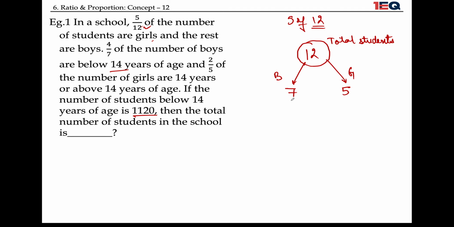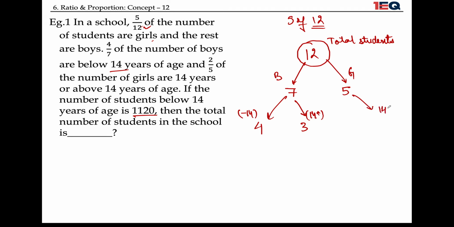4 of 7 of the boys are below 14 years. Out of 7 boys, 4 are minus 14. Minus 14 means less than 14 years of age. This also means that 3 are 14 plus or 14 years of age and above. And secondly, 2 out of the 5 girls are 14 years or above.